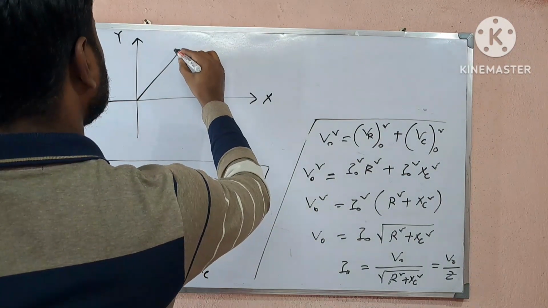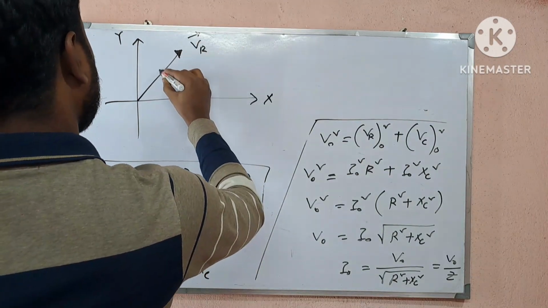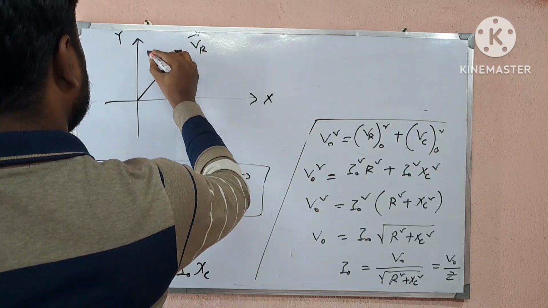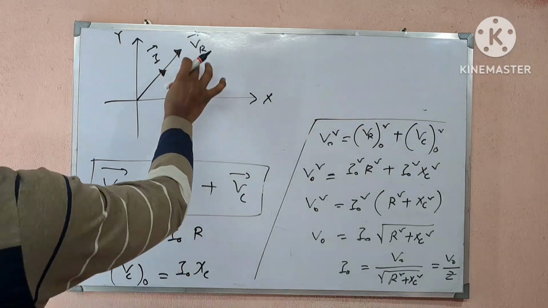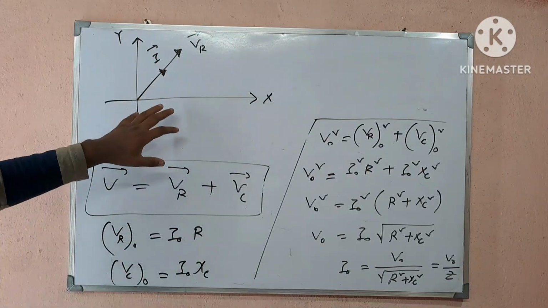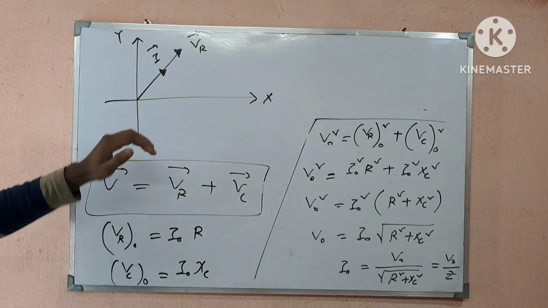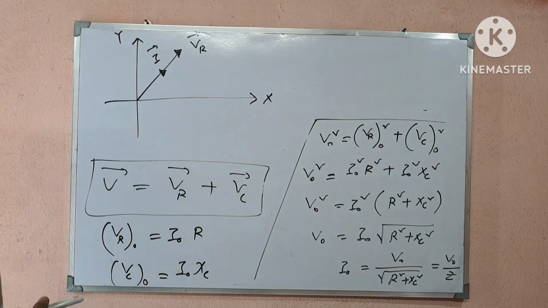Let's say this line represents VR, the voltage across the resistor, and this is I, because if only a resistor is present, the current and voltage across the resistor are always in the same phase. Now what about VC? VC is the voltage across the capacitor, and we know for only a capacitor the current leads over voltage by pi by 2.